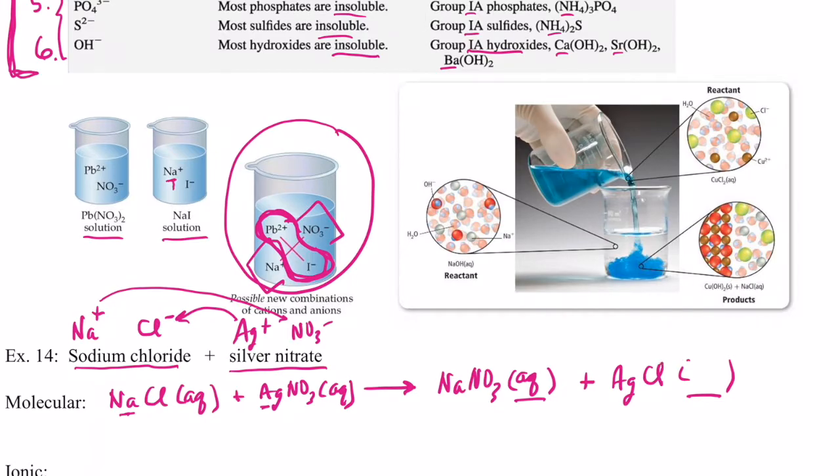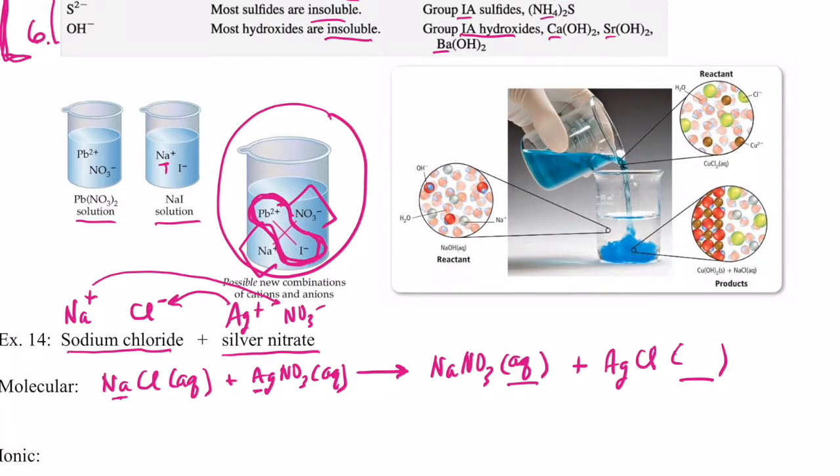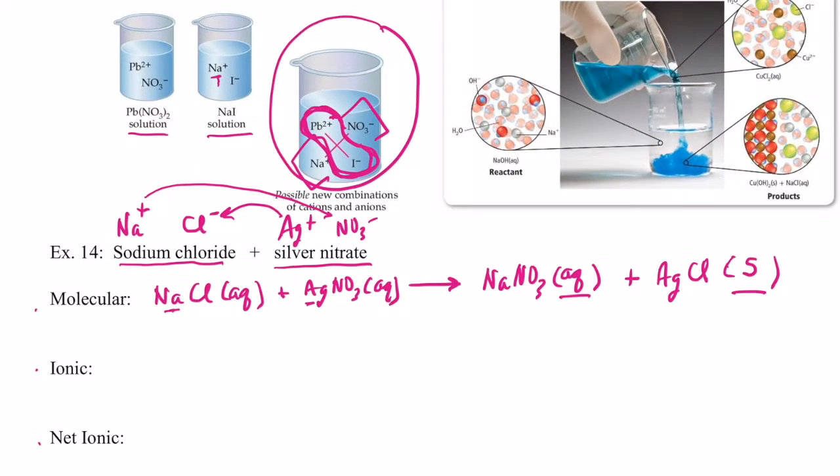Okay, silver chloride, let's take a look at the solubility rules for chlorides. It says most chlorides, bromides, and iodides are soluble except for silver, mercury, and lead chloride. So that's not soluble, so I'm going to put the letter s after that. Now that s means it will form a solid when I mix those solutions together. Now I balance my molecular, and it's balanced as it's written.